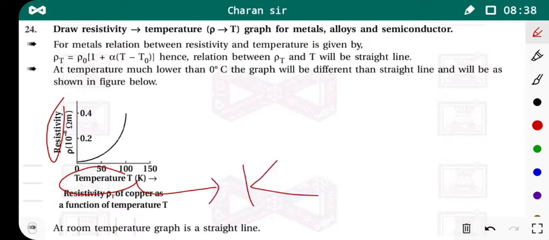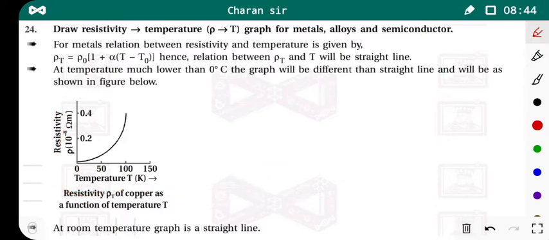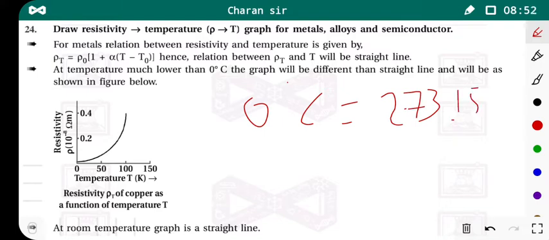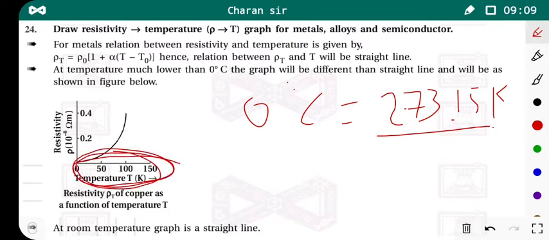Now, what is the relationship between degree centigrade and kelvins? 0 degree centigrade is equal to 273.15 kelvins. That means when you convert a temperature from degree centigrade to Kelvin, you must add 273.15. So here you notice that this is the Kelvin scale.